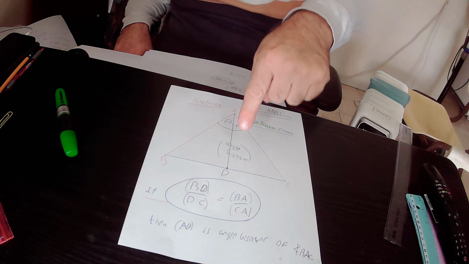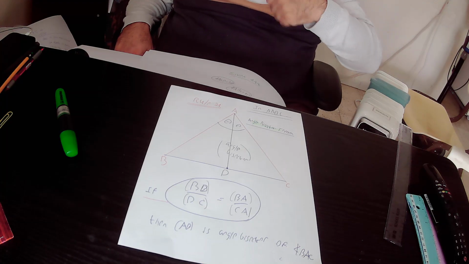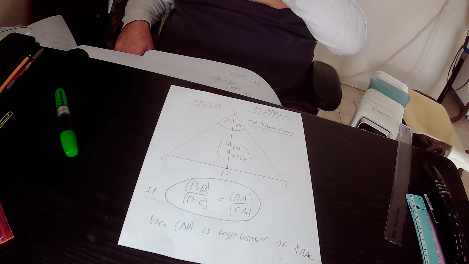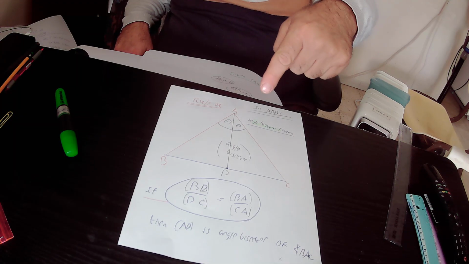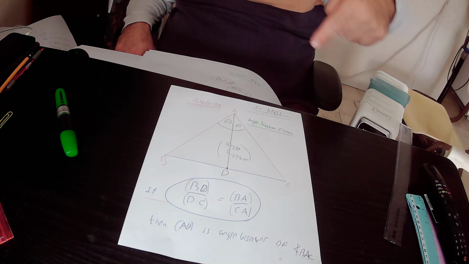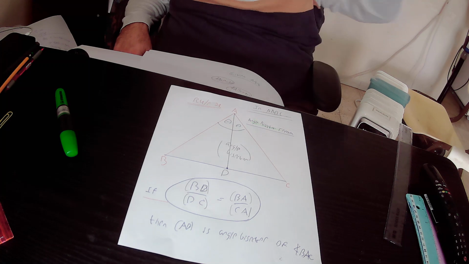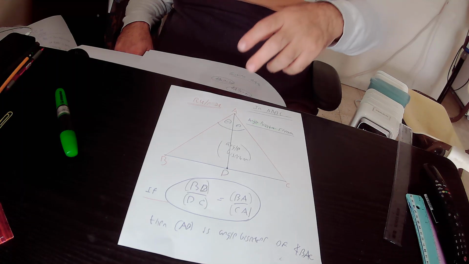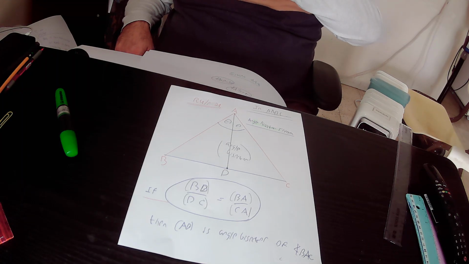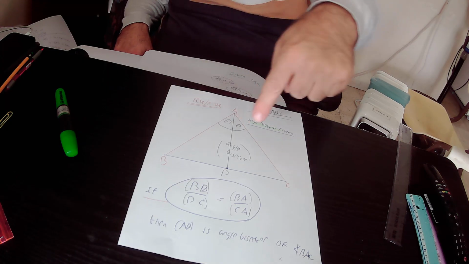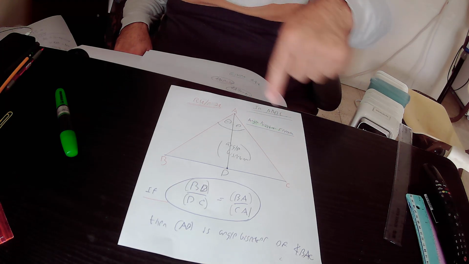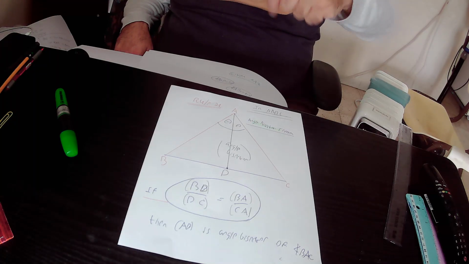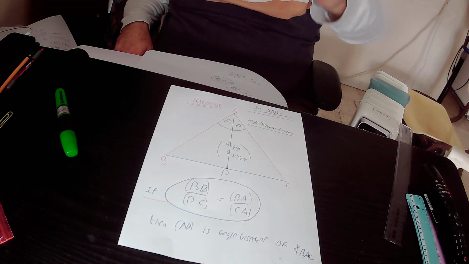That is to say, AD bisects angle BAC into two halves. In rule 19, we know that AD is the angle bisector, and therefore the following relationship exists between the sides. Here we know the relationship between the sides, and therefore AD is the angle bisector.